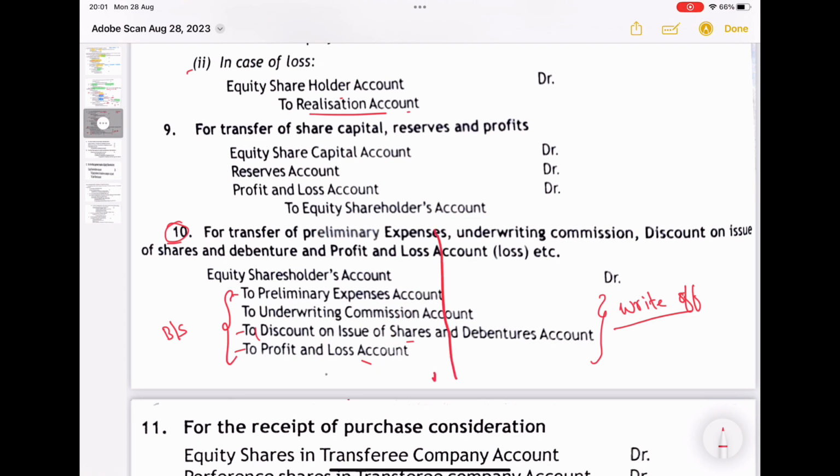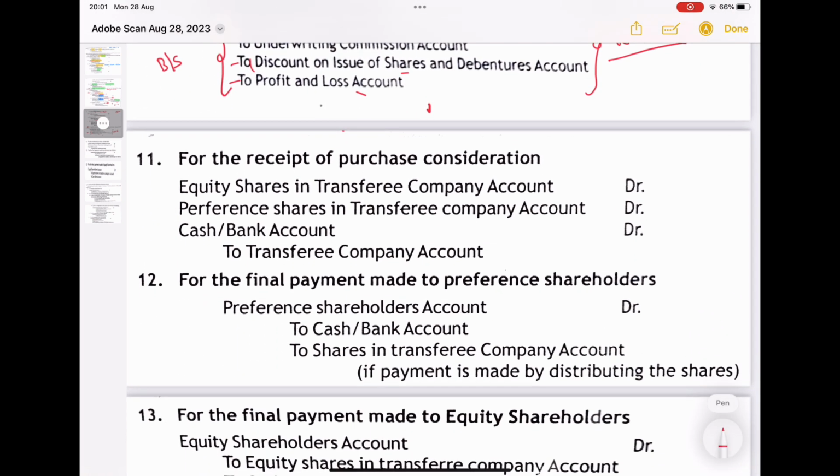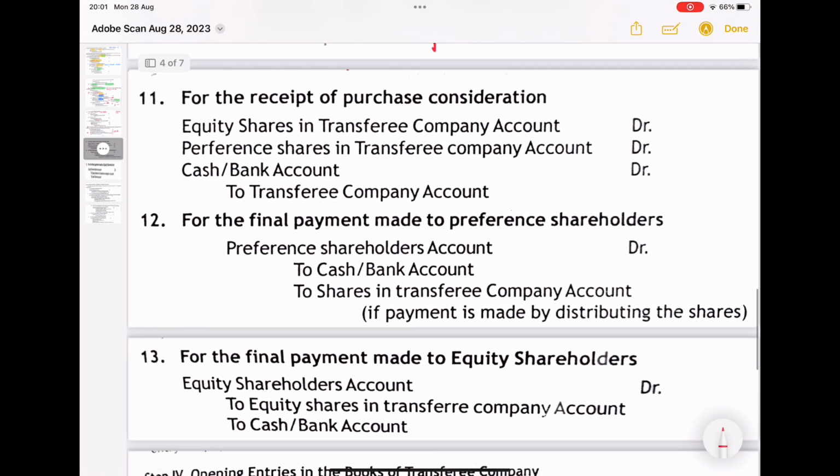So next, sorry, the last three entries. For receipt of purchase consideration, we are going to finally pay them back. Equity shares in transferee company debtor, preference shares in transferee company account debtor, cash or bank account debtor, to transferee company. If the question gives cash and bank, we are going to enter it.